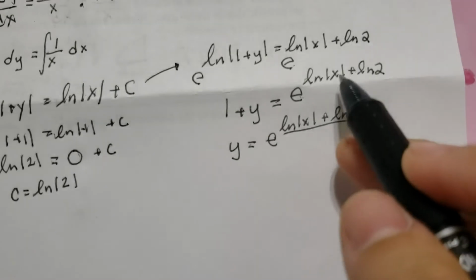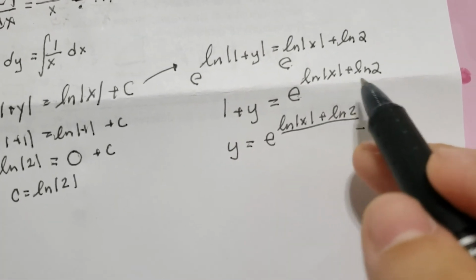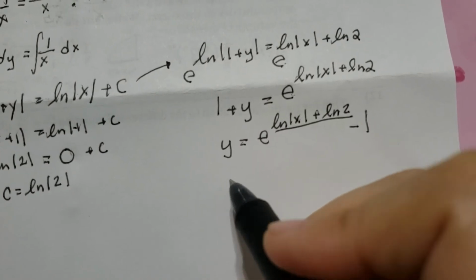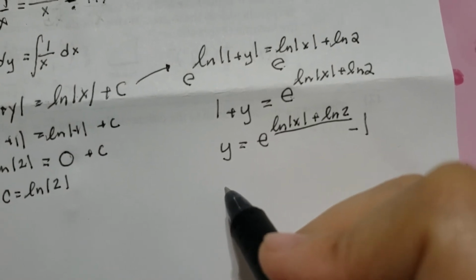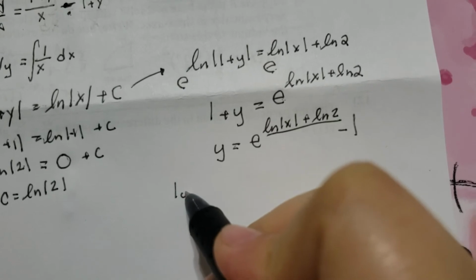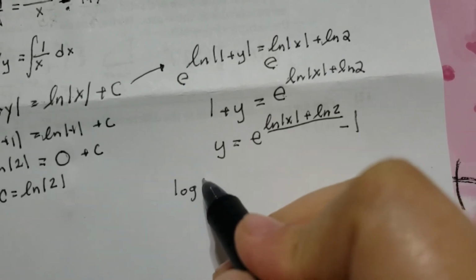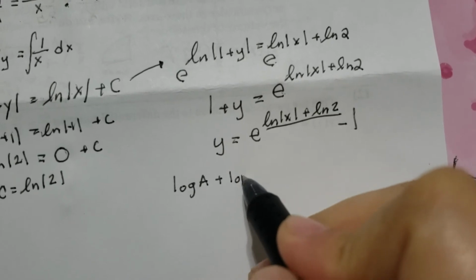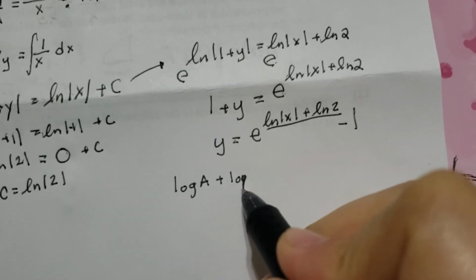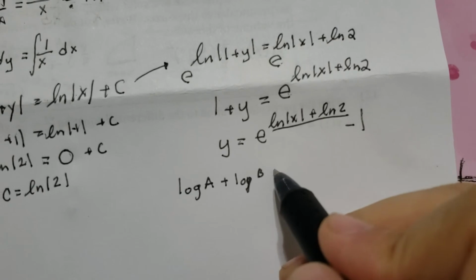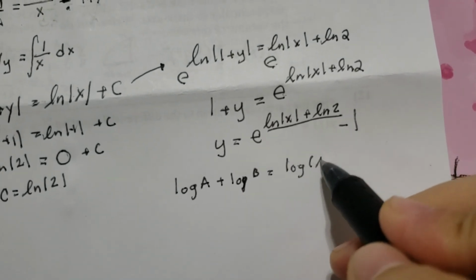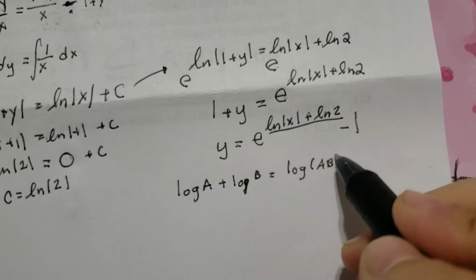Okay, so for those of you that are interested in what that becomes, when we want to combine logs, if we have log A plus log B, that gives us log AB, right?